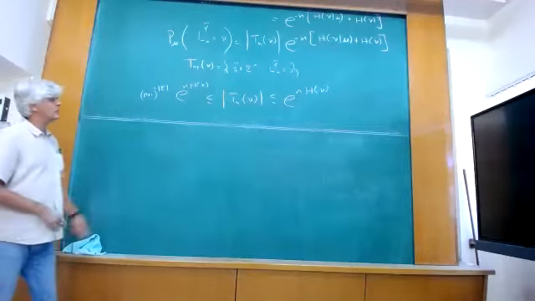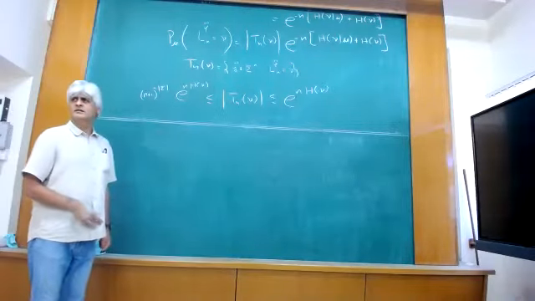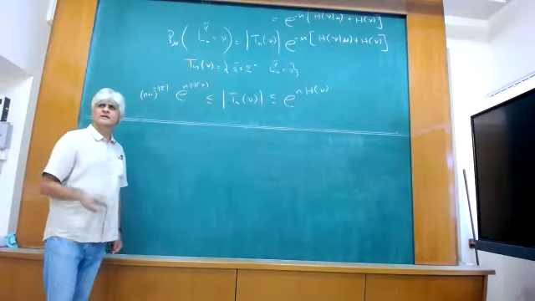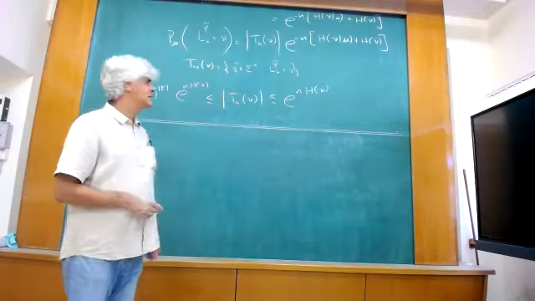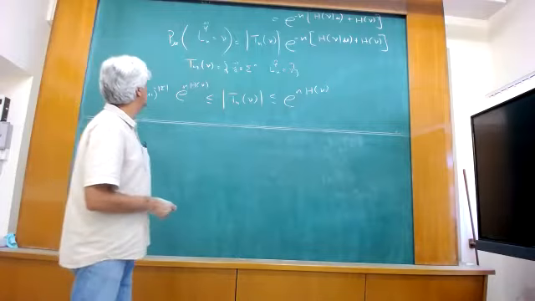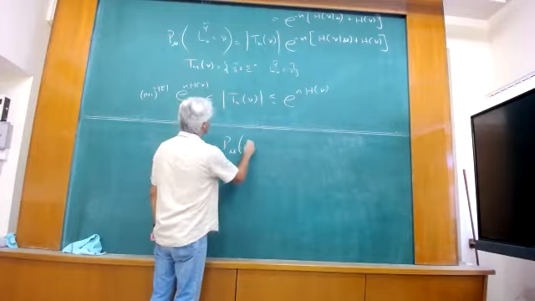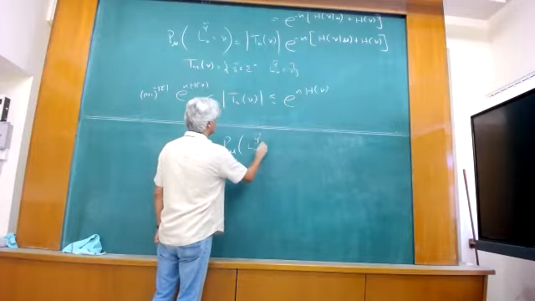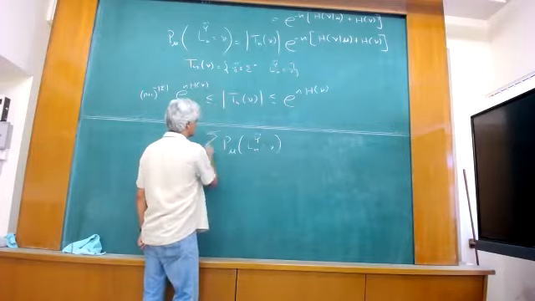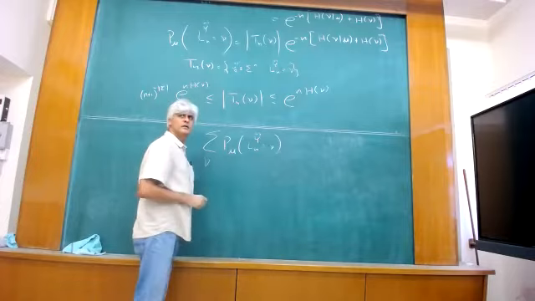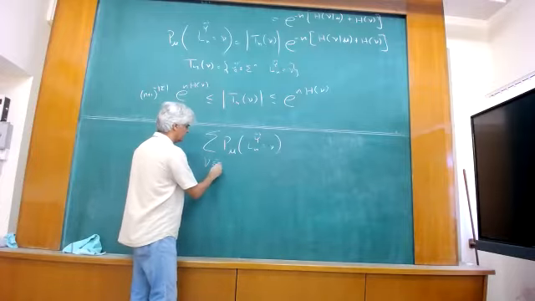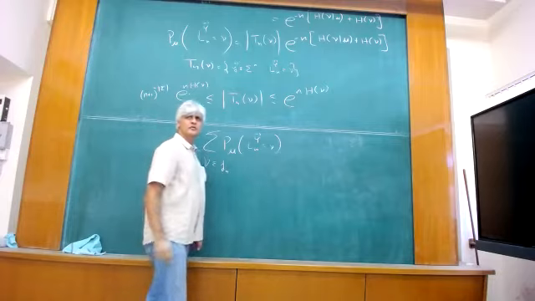Okay, how do you prove the upper bound here? Sum of P_mu(L_n = nu) over all nu in the set is going to be equal to 1.